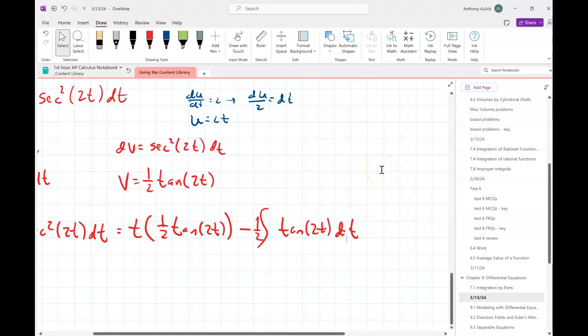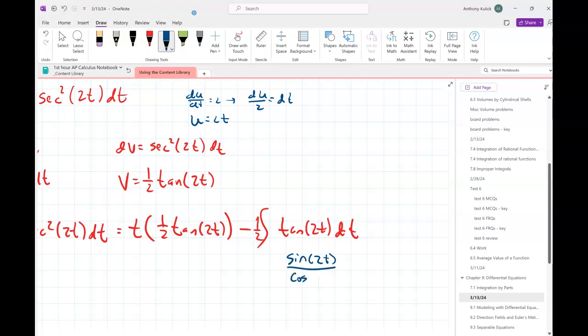So you're struggling with the integral of tangent 2t, right? Okay. So here's what I'm going to do. I'm going to do this as a u sub problem. But to do it as a u sub problem, I'm going to think about tangent 2t as sine 2t over cosine 2t.